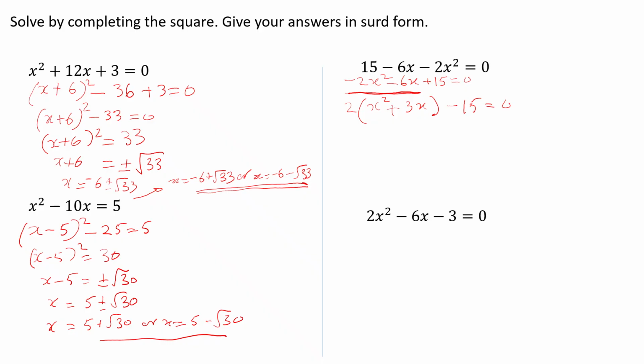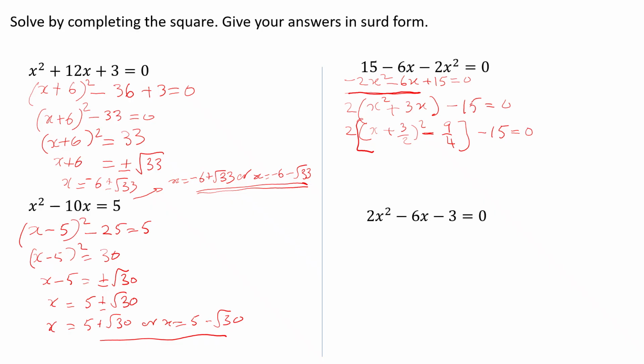Then I'm going to take 2 out of the bracket, first two terms. So 2, then do the completing the square: x plus half of 3, squared. Then take away 3 over 2 squared, which is 9 over 4, minus 15 equals 0.